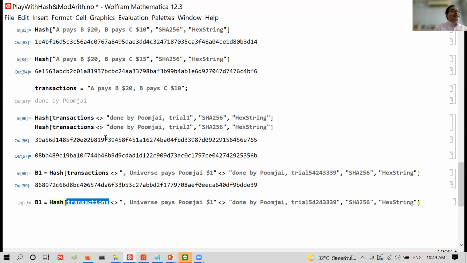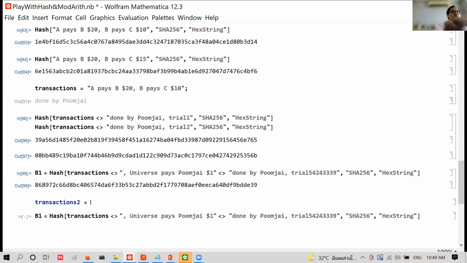except I have a new transaction now. Transaction 2 equals Alice pays Bob $3, Bob pays Chris. Okay, so let's do that.